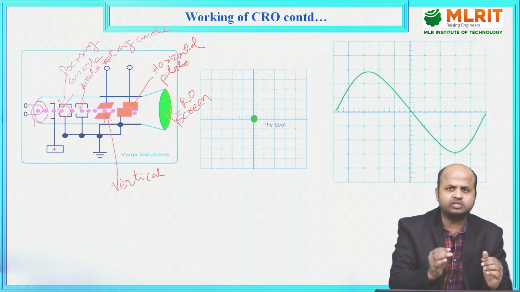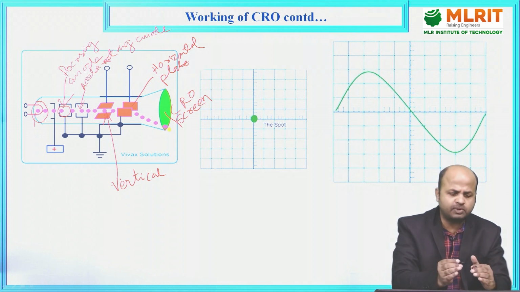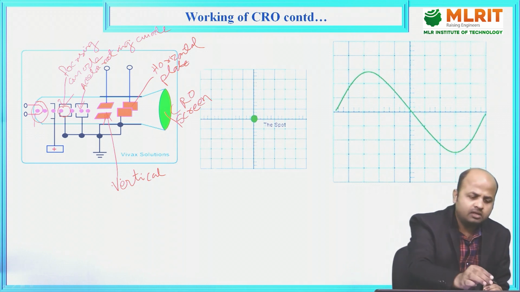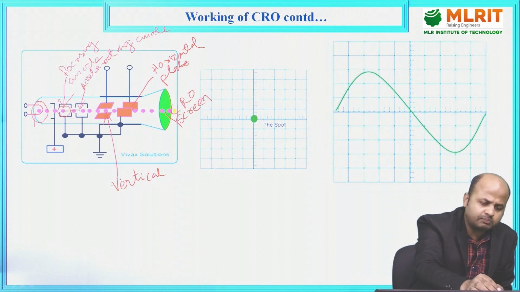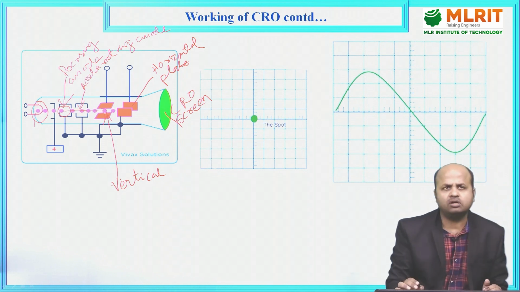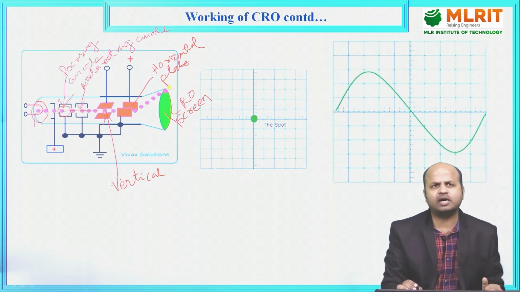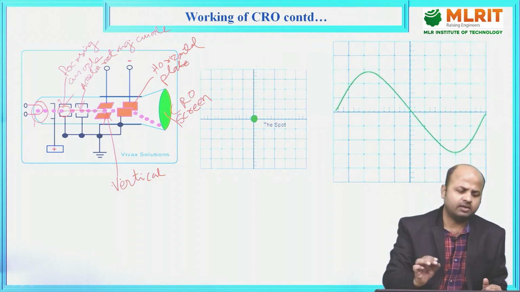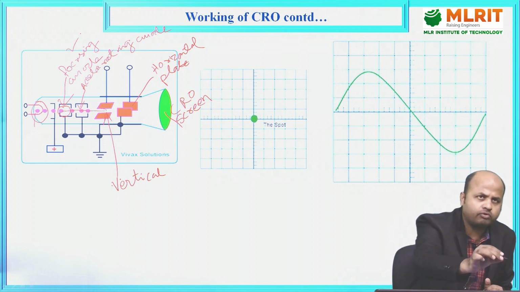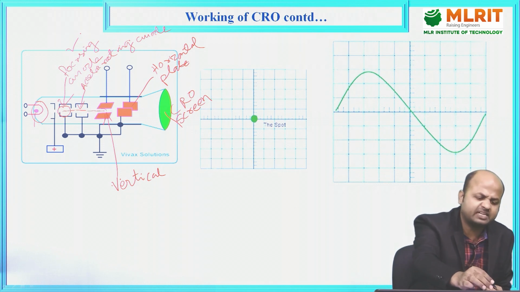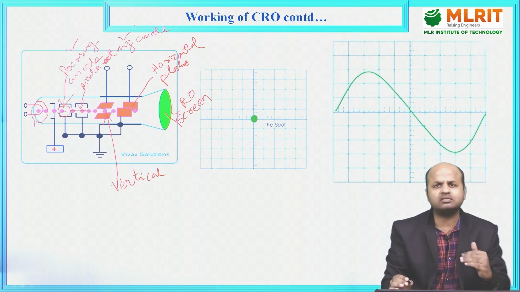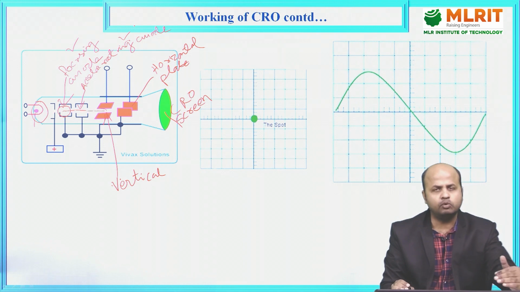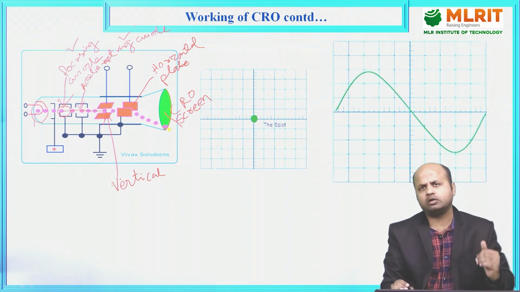After the convergence of the electron beam to a particular point, the accelerating anode gives some kinetic energy to the electrons so that they can move towards the vertical plate and horizontal plate. Okay. So the focusing anode focuses the electron beam, and the accelerating anode accelerates the electrons so that they can move towards the screen via the vertical plate and horizontal plate.